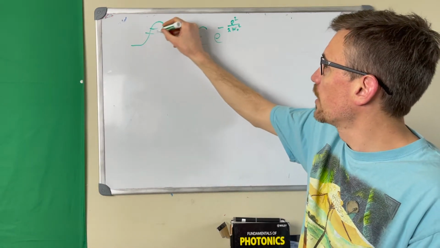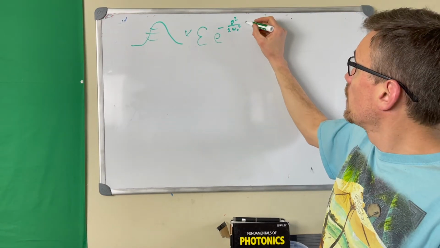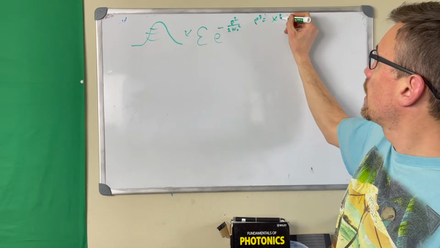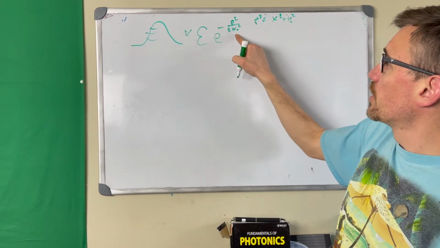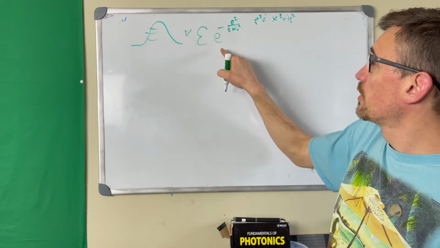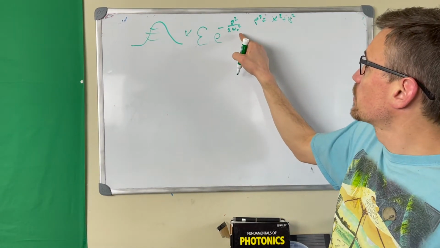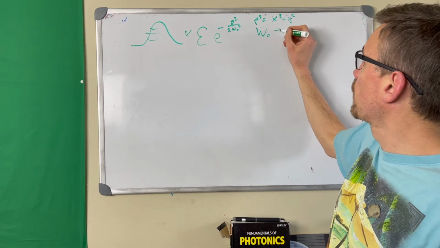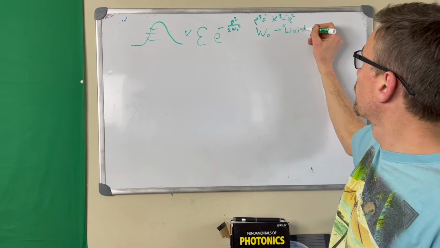That w naught is the width of the function. Rho can be x or y, or in general, rho squared is equal to x squared plus y squared. So when rho gets all the way out to w naught, this field has dropped by a factor of 1 over root e, so therefore the intensity has dropped to 1 over e. That's the significance of this w naught here. This is the width of the beam. It's called the beam waist, the waist of the beam.